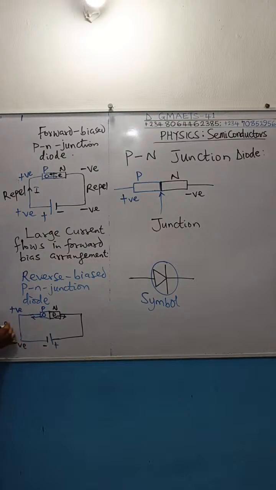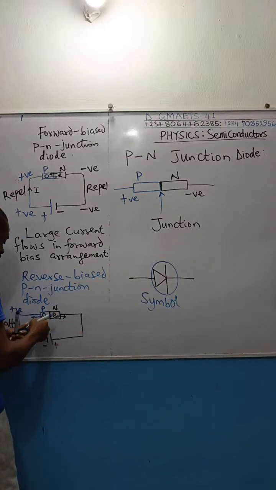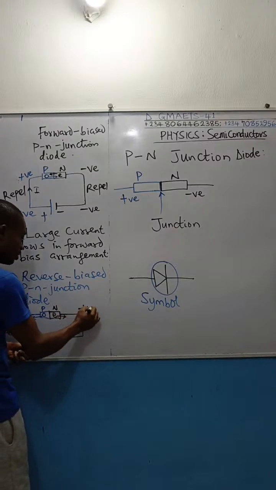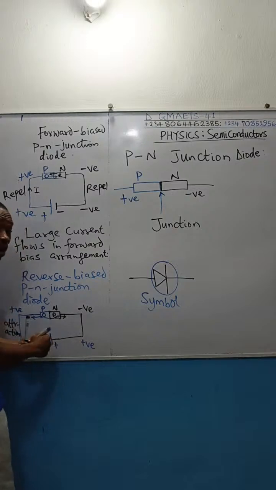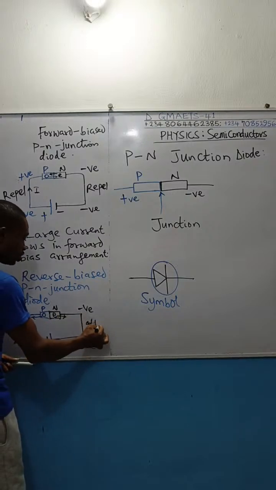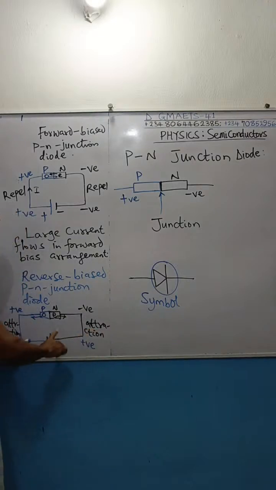So what happens here is attraction. And then here, we have negative, while the terminal of the cell is positive. Once again, there's going to be attraction. So like I said, as this guy moves this way, there will be no charge flow across the junction.